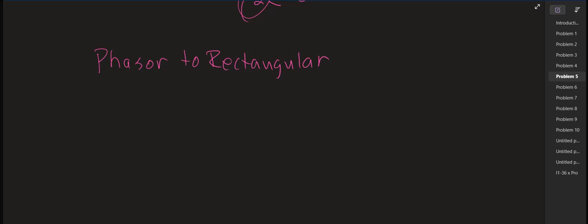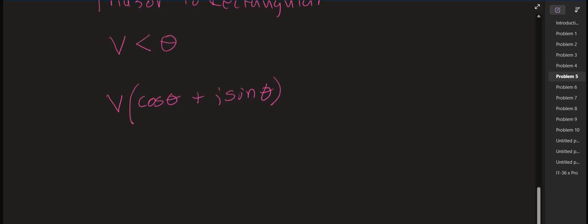So let's say I have V angle theta. So those are just numbers. Then what this is going to be in rectangular is V, open parentheses, cosine theta plus J sine theta. And then you just have to find out what that is.